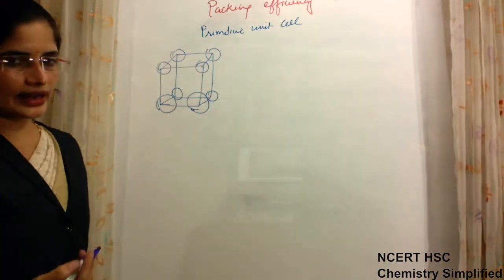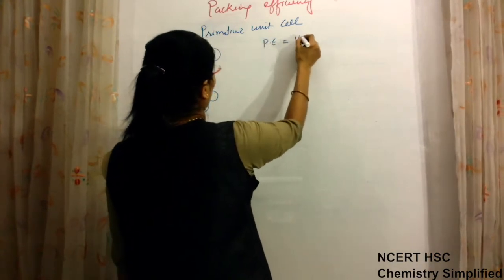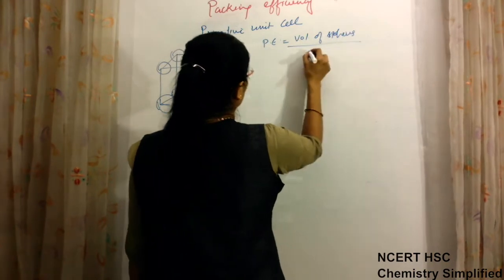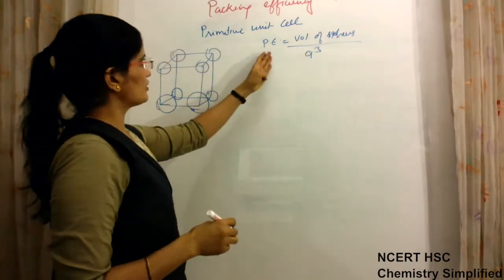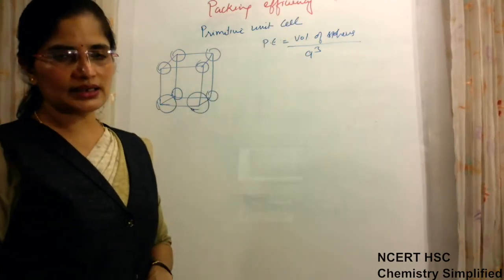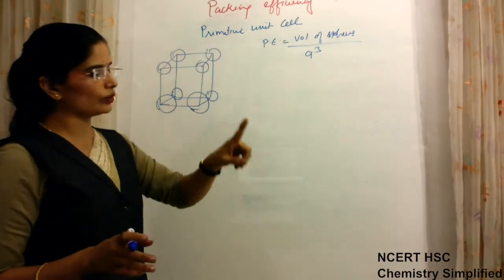Now again the formula will be there: packing efficiency is equal to volume of spheres upon volume of cube. Now the volume of spheres in the primitive unit cell: the number of particles present is only 1, because 1/8 on each corner will make only 1.